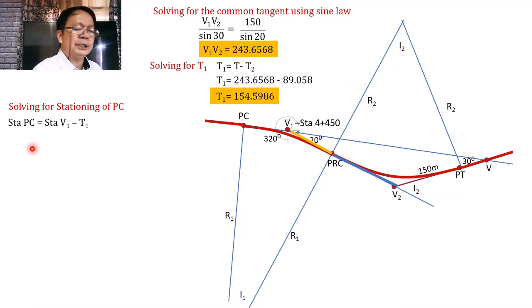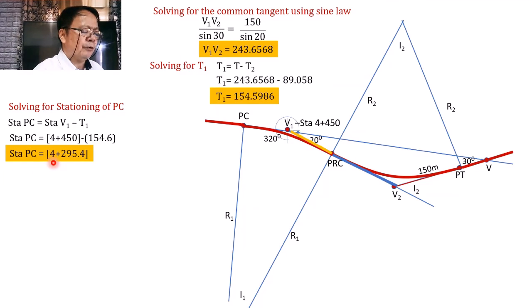We simply substitute it here: 4 plus 450 minus 154.6, giving us the stationing of the PC to be 4 plus 295.4. So that actually gives this stationing.